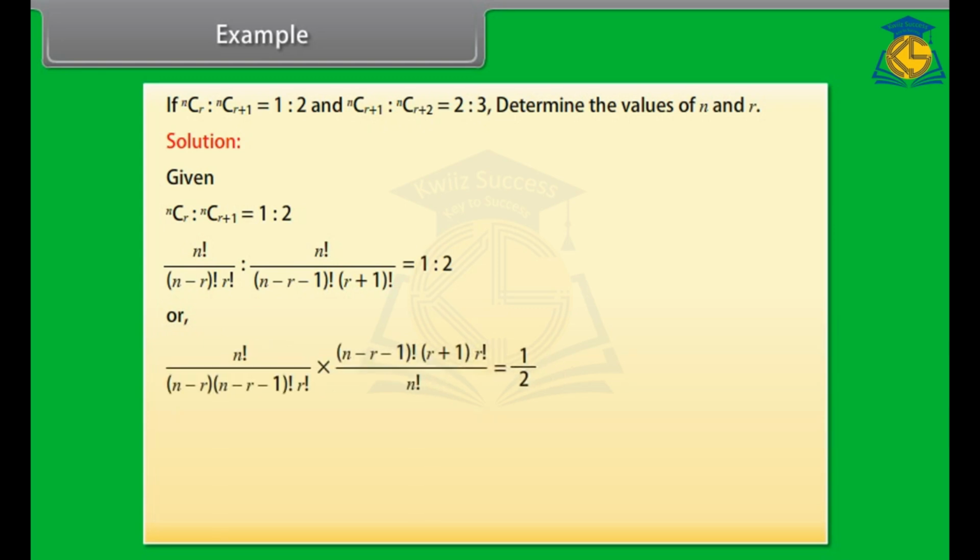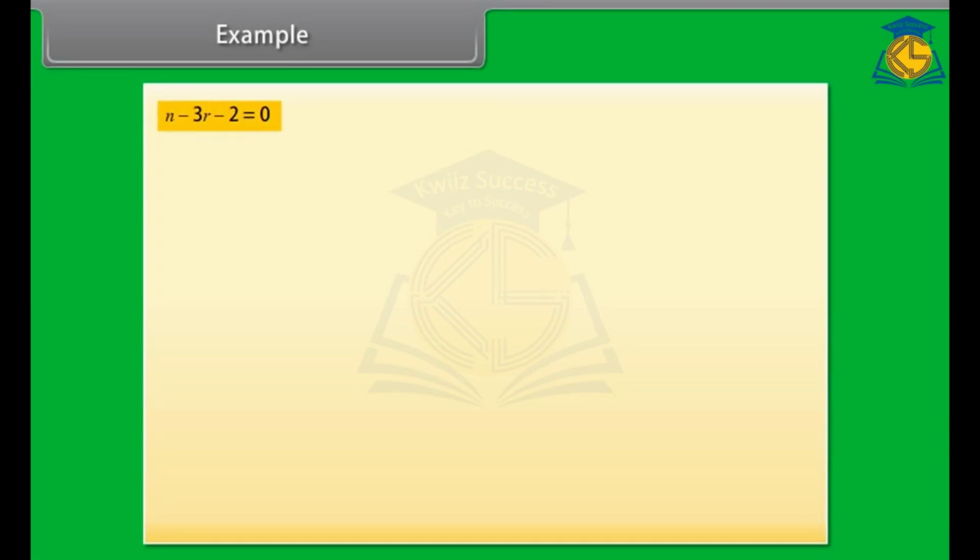Or n factorial by n minus r into n minus r minus 1 factorial into r factorial multiplied by n minus r minus 1 factorial into r plus 1 into r factorial by n factorial is equal to 1 by 2. Or r plus 1 by n minus r is equal to 1 by 2. Or n minus 3r minus 2 is equal to 0.